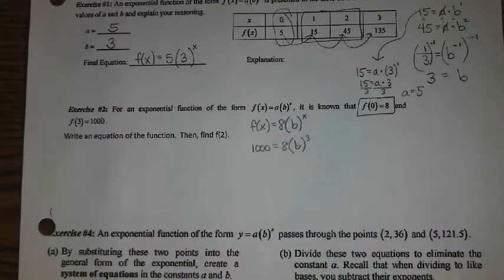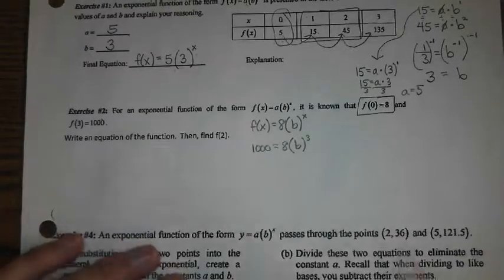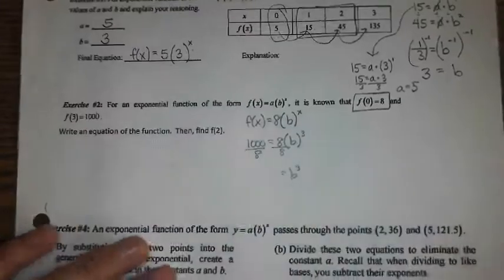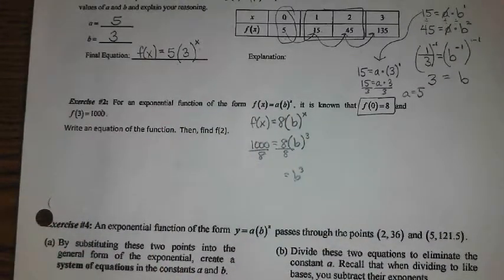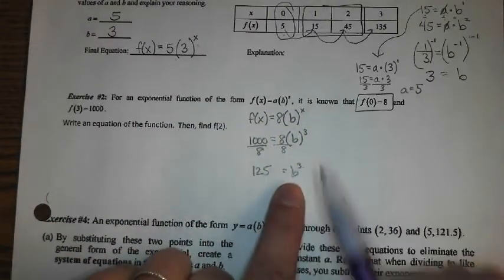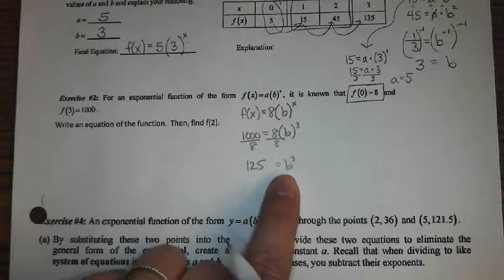Now, what do we have to do here first before we address the 3 as the exponent? Get rid of the 8. You have to. Get the 8 out of there, divide both sides by 8. So b to the 3rd equals, on your calculator, 1,000 divided by 8, 125. And what's the reciprocal of 3? 1/3.